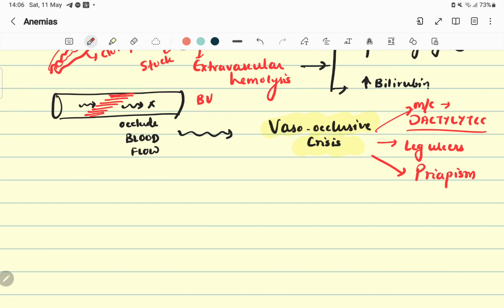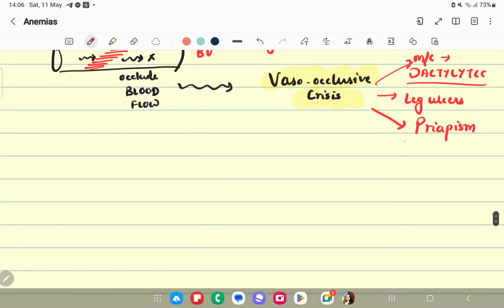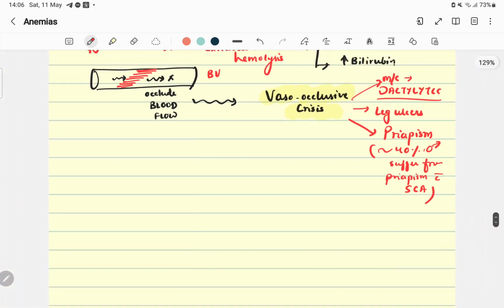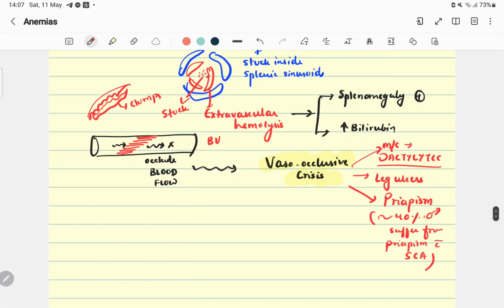Priapism is a painful erection due to venous occlusion. 40 to 42% of male patients with sickle cell anemia suffer from priapism.